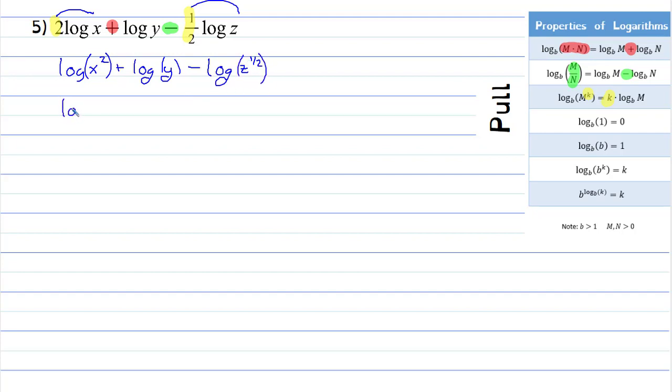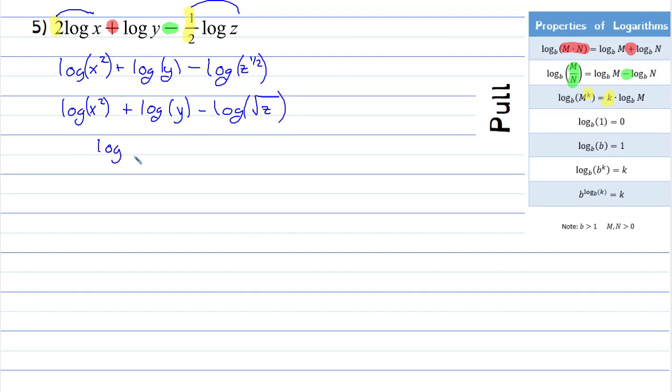So I'm going to rewrite that z to the 1/2 power as the square root of z. Now I'm just going to do the shortcut version. Anything with addition is going to be my numerator.